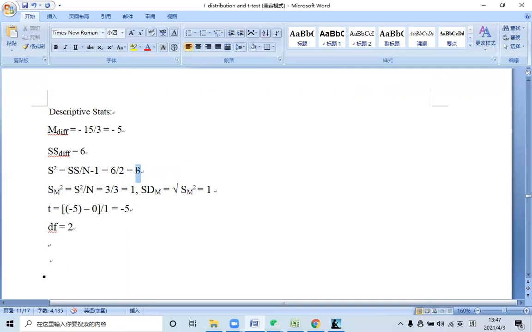You know the variance for the population. The variance for the population is 3. These are based on individual scores, N equals 1. And you need to divide it by 3, the n number. So the standard deviation and the variance are both 1.